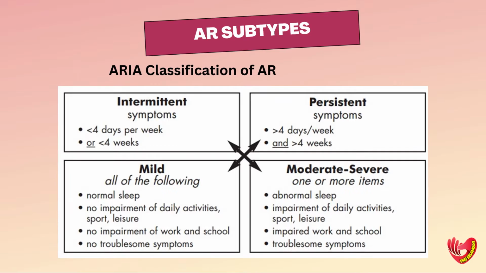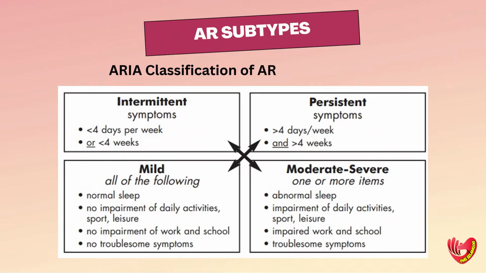The ARIA classifications categorize allergic rhinitis based on duration and severity. By duration, intermittent symptoms occur for less than 4 days per week for less than 4 consecutive weeks. Persistent symptoms occur for 4 or more days per week and persist for 4 or more consecutive weeks.